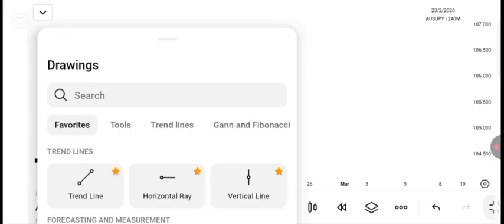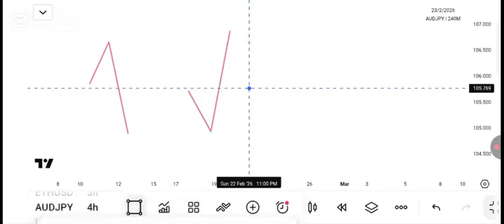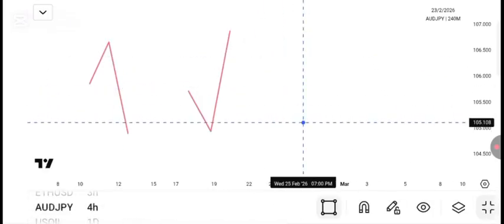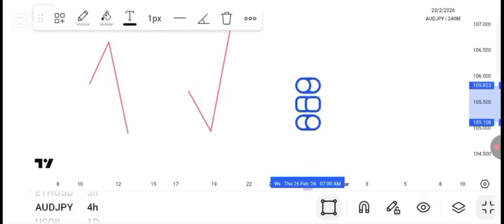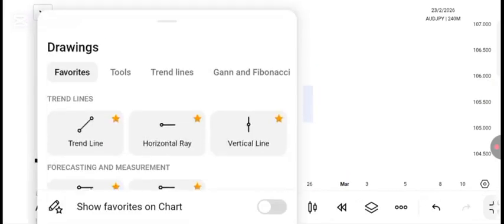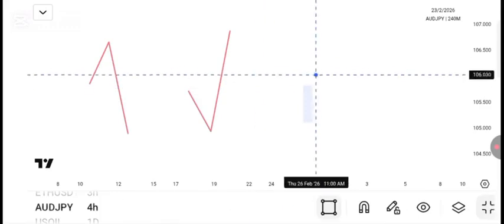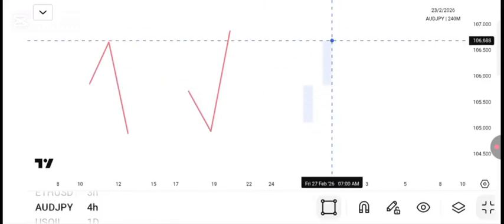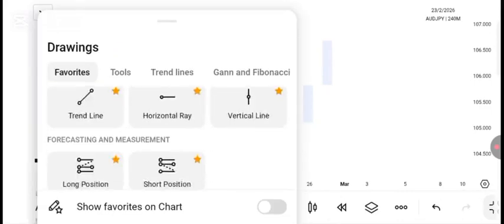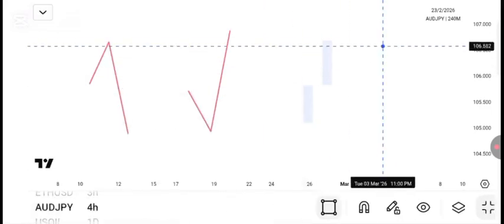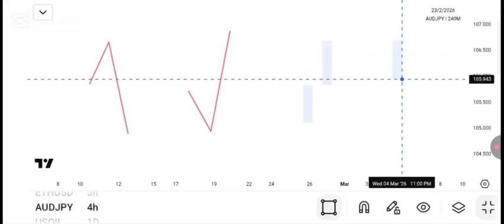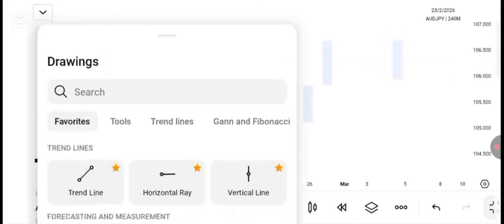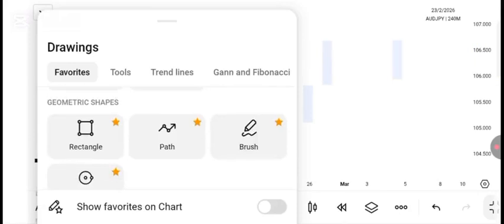Then we have the two types of open close key level. The bullish open close: first bullish candle, second bullish candle. Then we have the bearish open close, the first bearish candle and the second bearish candle. Please don't mind my color.